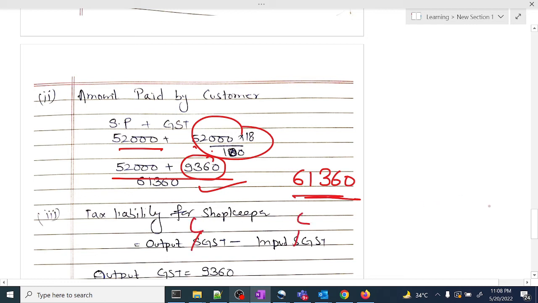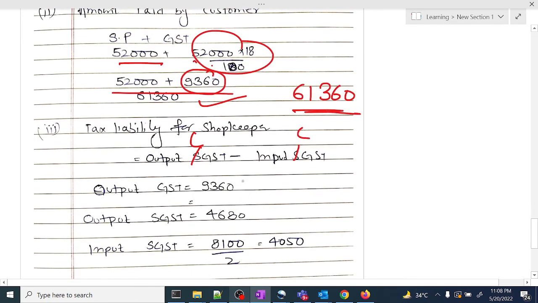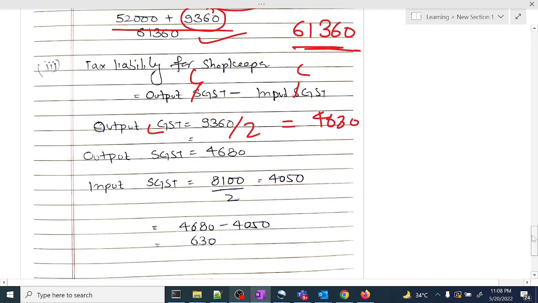Output GST, how much is it? 4,680. Input GST is 4,050, because this was the whole 18%, but for CGST and SGST we divide by 2. 4,680 is my output CGST minus 4,050, my input CGST. So 630 is the amount which the shopkeeper will pay directly to the central government, because this is the excess amount he got from the customer as GST. So he has to pay it back to the central government, right?